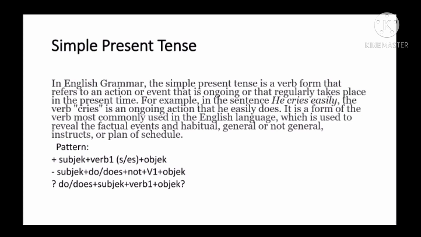It is the form of the verb most commonly used in the English language, which is used to reveal factual events and habitual actions, general or not general, instructions, or plans of schedule, pattern.